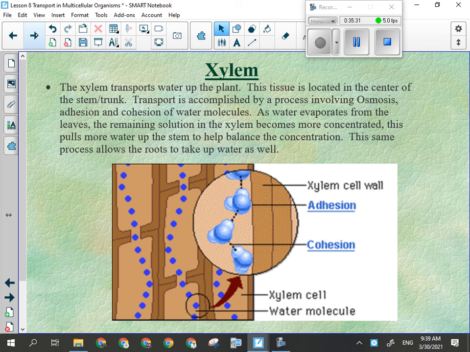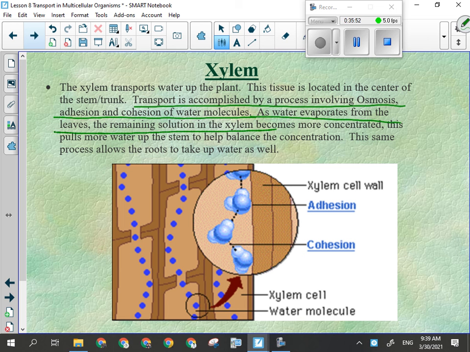Okay, so this is what we were talking about. Within the xylem, those tiny microscopic tubes, we've got water that's moving up, and it's doing that by osmosis. So transport is accomplished by a process involving osmosis, adhesion, and cohesion of water molecules. As water evaporates from the leaves, the remaining solution becomes more concentrated, and that pulls more water up the stem to balance the concentration.